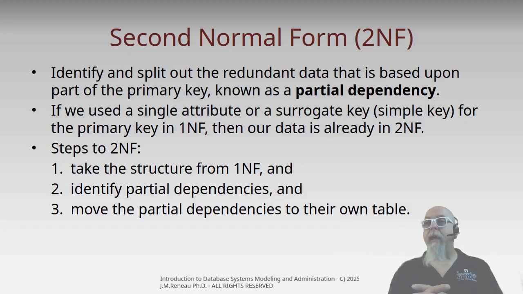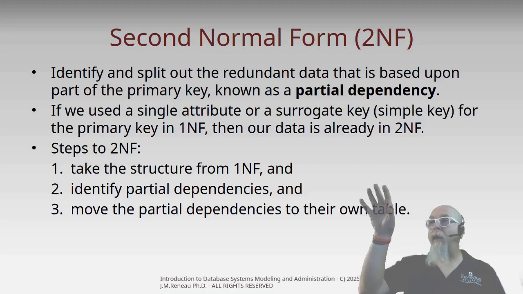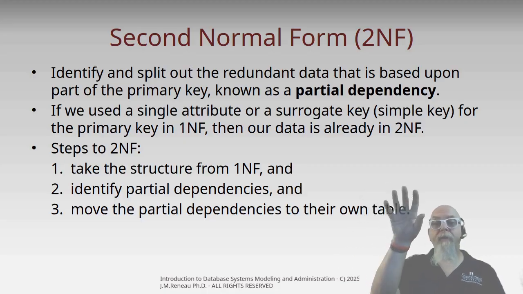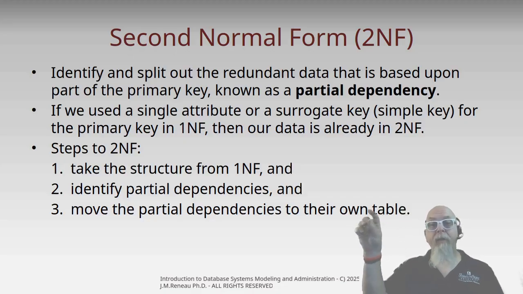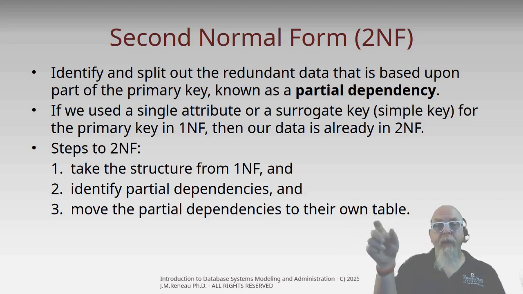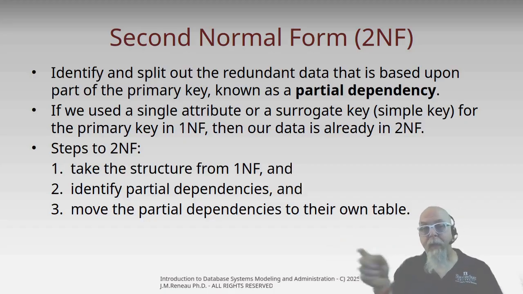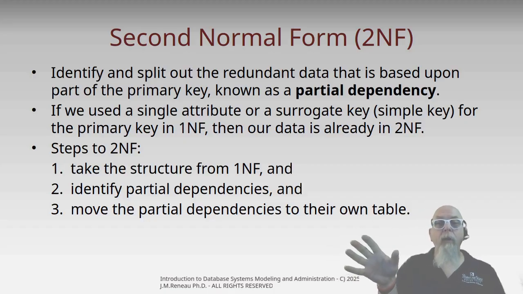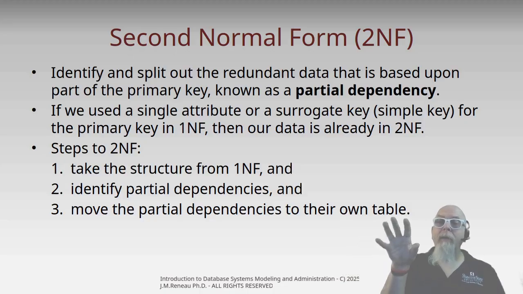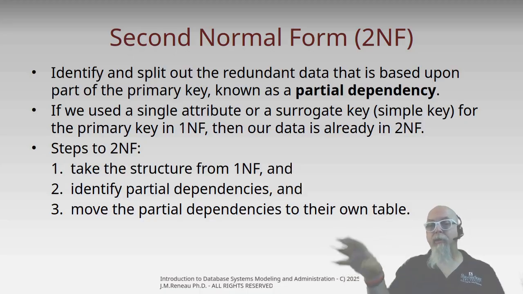For instance, if we had a table of customers with their favorite items, a customer would appear multiple times and their favorites would appear multiple times. The first customer would have favorite A and favorite B, the second customer would have favorite C and D. We would find that the customer name, the customer address, the customer phone and email are not dependent upon the item number.